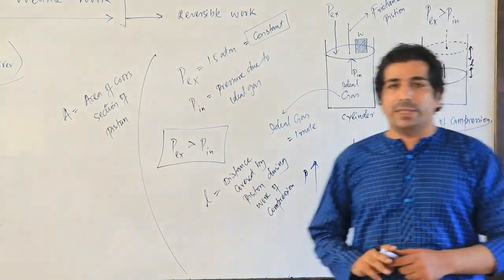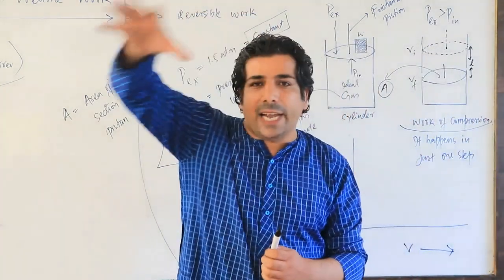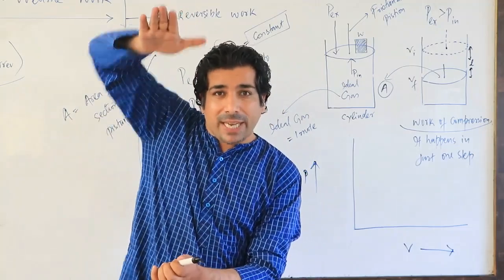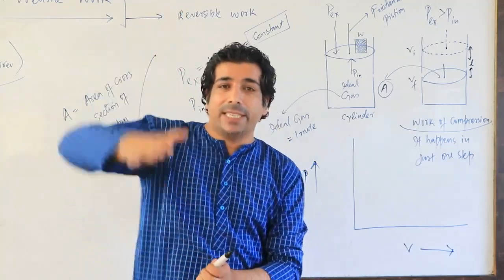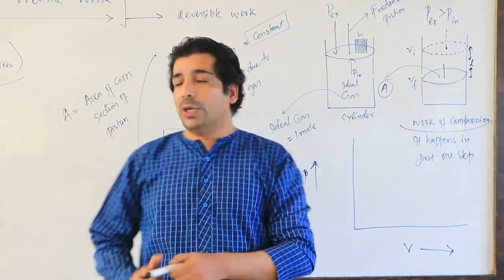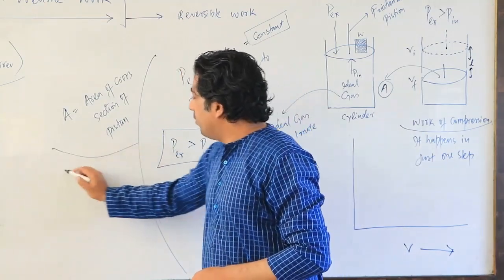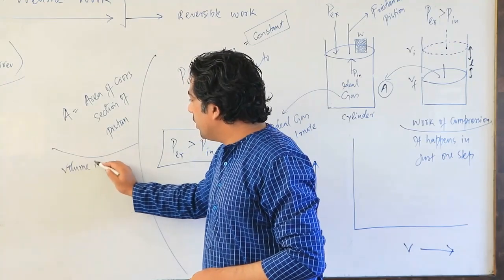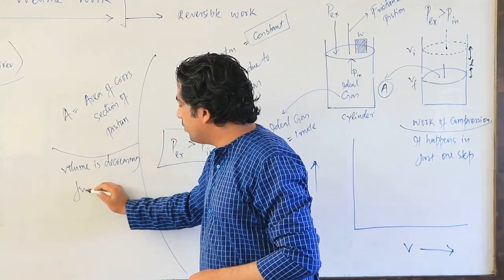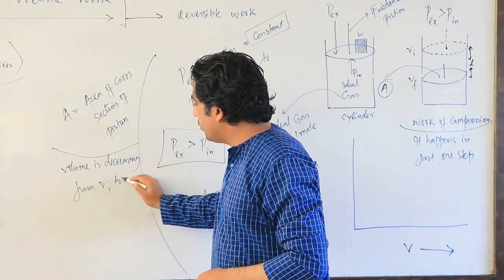So my dear friends, piston with area of cross section A is compressing the gas, and there is a decrease in volume. Volume is decreasing from Vi to Vf.